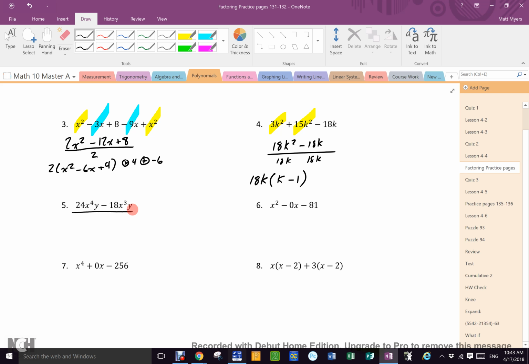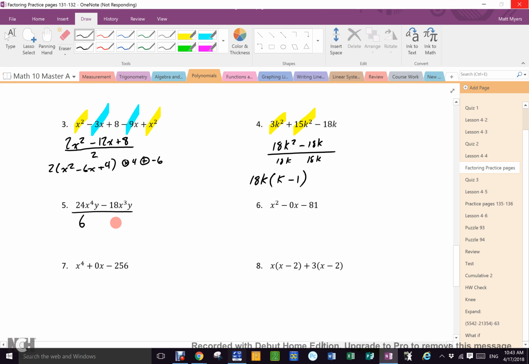This was just what was on your quiz. What number is coming out of 24 and 18? Elijah just gave the first sound of the number. 6. What letter is coming out of both? X. How many X's?